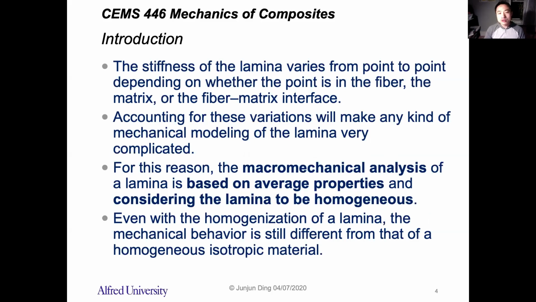So the stiffness of the lamina varies from point to point, right? So if you have a really sharp tip to touch the surface of a lamina, it depends on whether you touch the fiber area or the matrix area or the fiber matrix interface, you have huge difference in the physical properties, right?